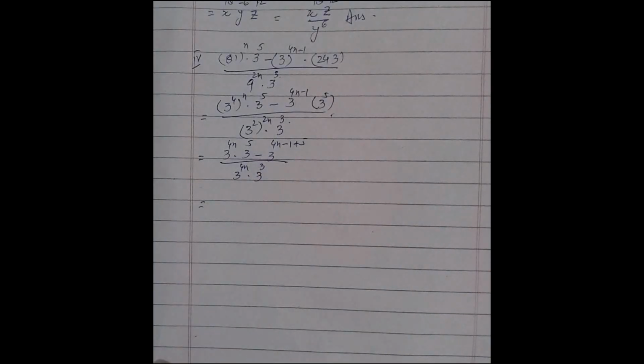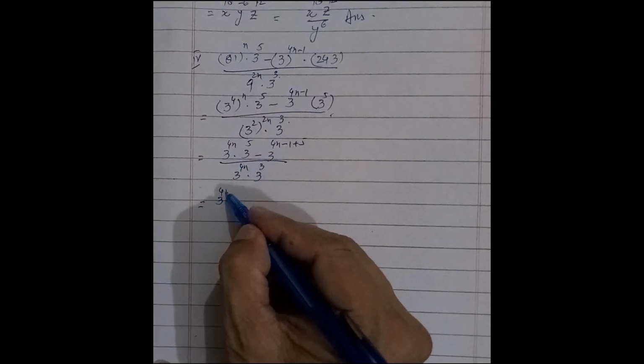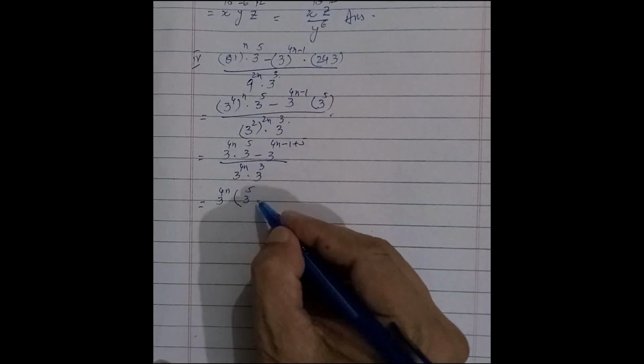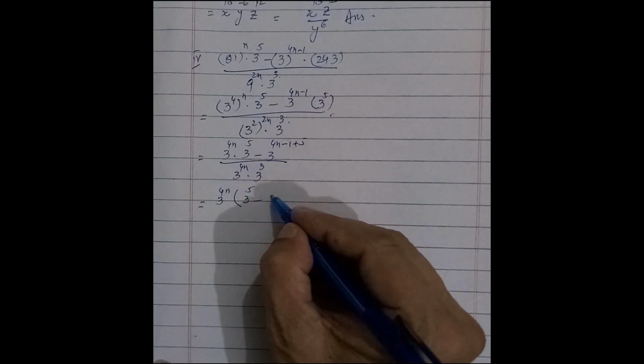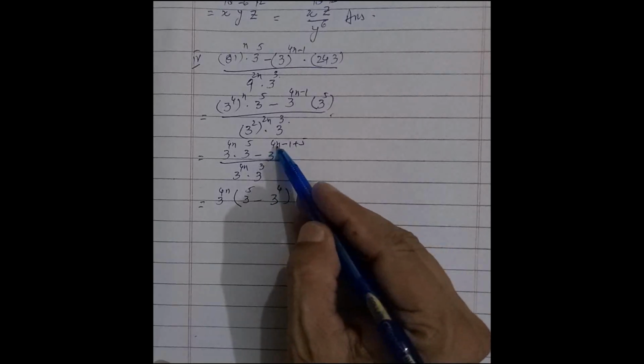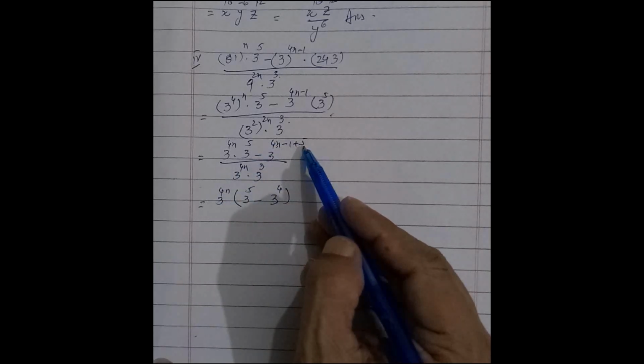Further simplifying, we take common 3's power 4n, and in the bracket 3's power 5 minus 3's power 4n minus 1 plus 5 taken common, and the remaining value is minus 1 plus 5.